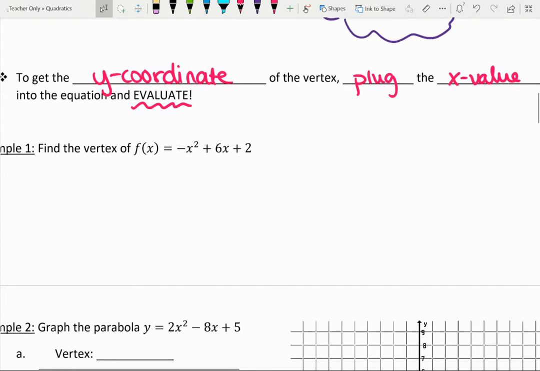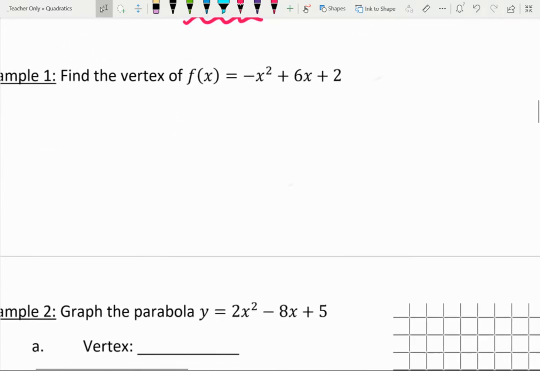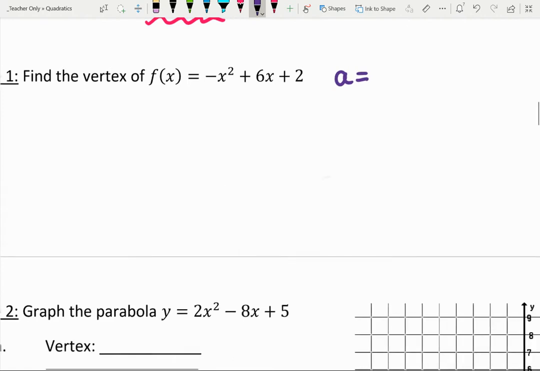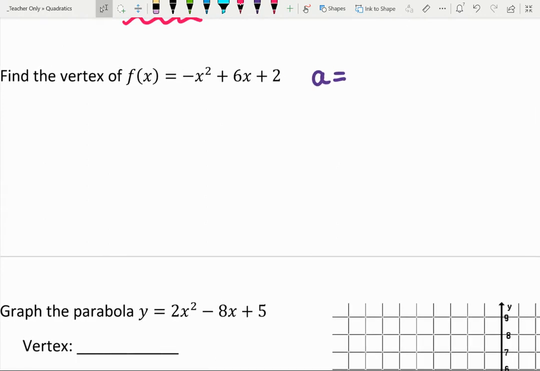So we're going to find the vertex of this parabola, y equals negative x squared plus 6x plus 2. Just taking a look, in front of our x squared, we have a negative sign. We know that's a ninja negative 1. So a equals -1, our b value is 6, and our c value is 2.